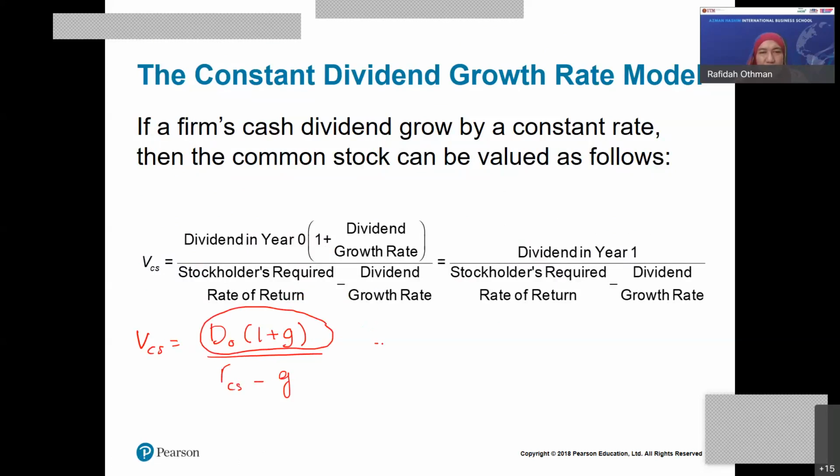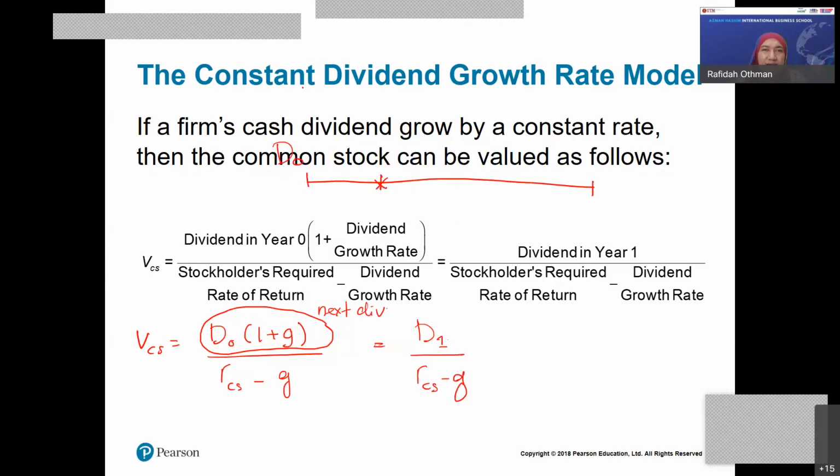We can conclude this as D1, because this is the next dividend, over R of the stock minus g. Now we want to see what the next dividend is by looking at D0.